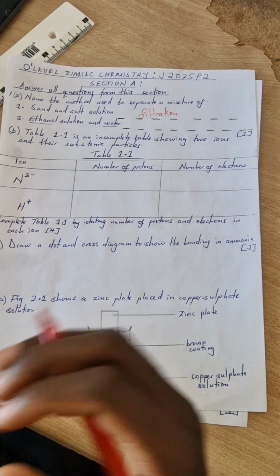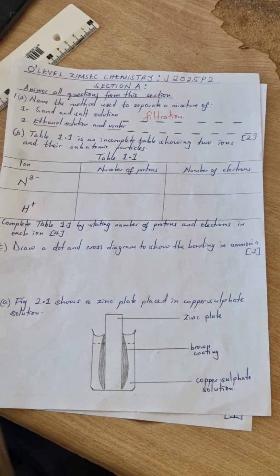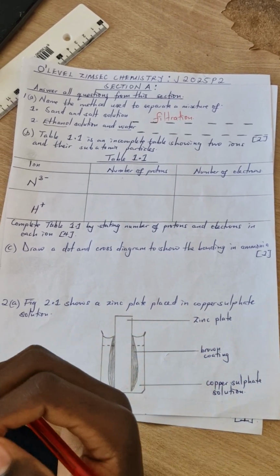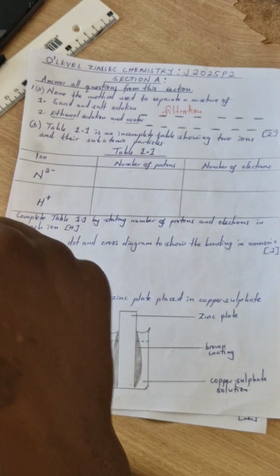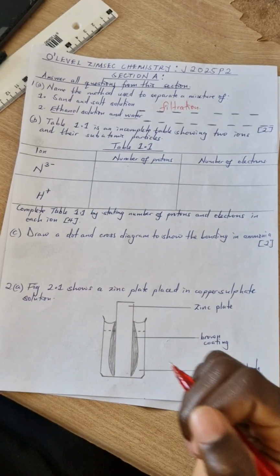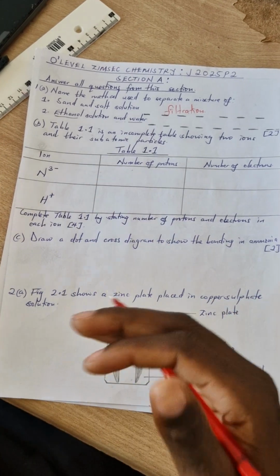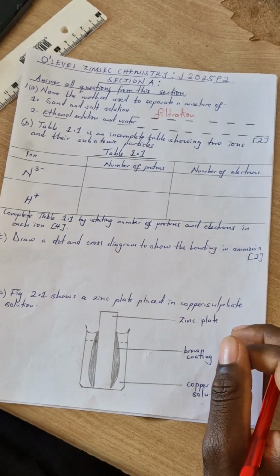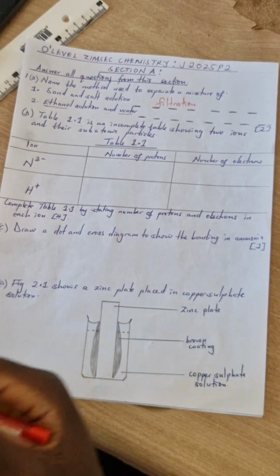the decanting method. But when we talk of decanting, we'll be talking about those liquids with different densities, so that we can pour into another container, and the remaining liquid we can collect it easily. But in this case, we don't use that method.